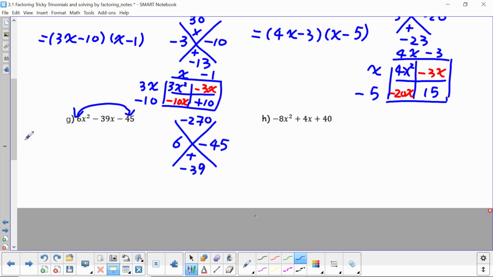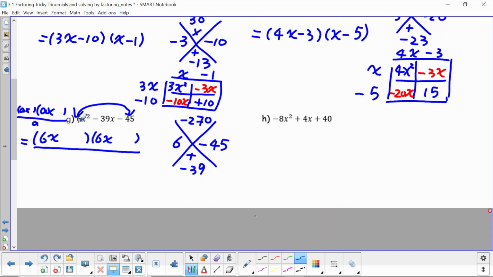Then for this one, I will show you another method called the Australian method. What it will be is you repeat ax, 6x. So it's ax over a.